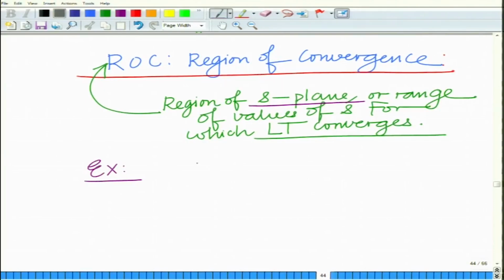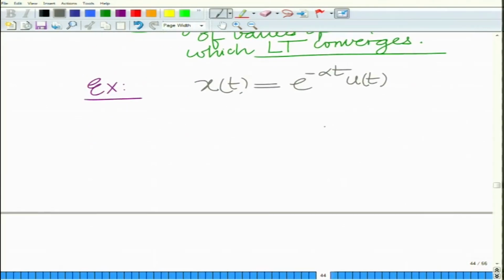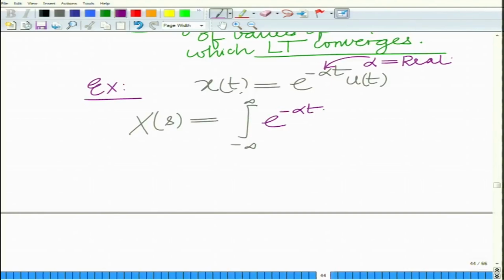For instance, let us say my signal is x(t) equals e power minus alpha t u(t). Let us further assume that alpha is a real quantity. So, X(s) is the integral of e power minus alpha t u(t) e power minus st dt, because u(t) is non-zero only for t greater than or equal to 0.